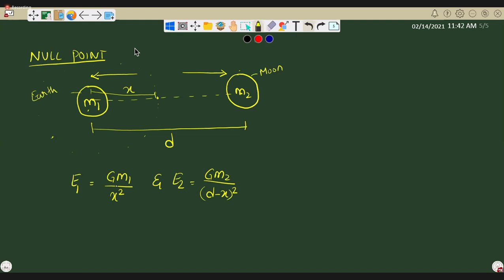Yes, sir. If these two are equal, then at that place your net gravitational field will be 0. So G M1 divided by x square is equal to G M2 divided by (d minus x) whole square. G gets cancelled.